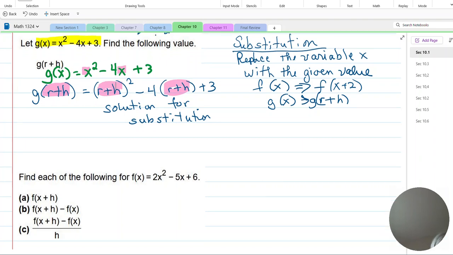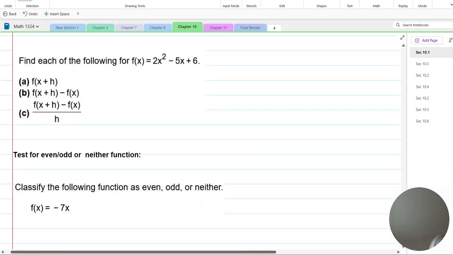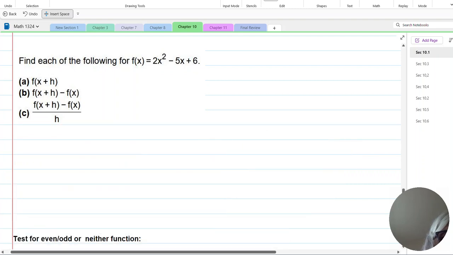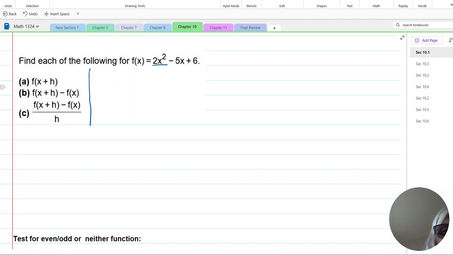Here we go. Now we have this one. And this one has to do with a future analysis, and that is the difference quotient. So we have this quadratic, 2x squared minus 5x plus 6, and they want us to substitute f of x plus h into the function.